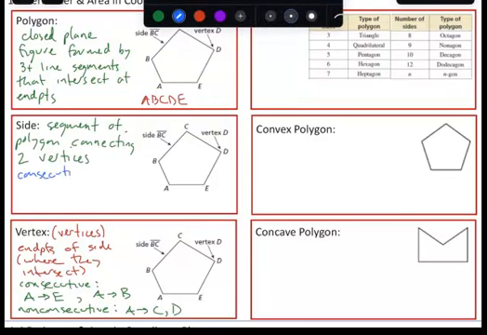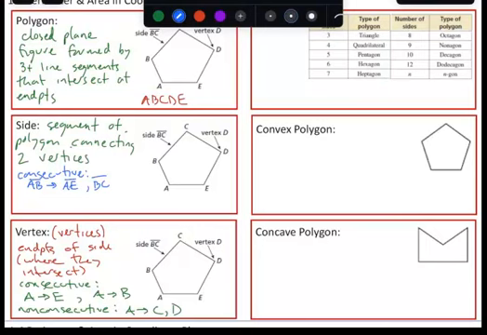So if you're looking at consecutive sides, and again, if we just start with AB here, the sides that are consecutive are the ones that can be formed from the endpoints of that given side. So the side that also shares point A is AE. And the side that also shares vertex B would be BC. So those would be your consecutive sides.